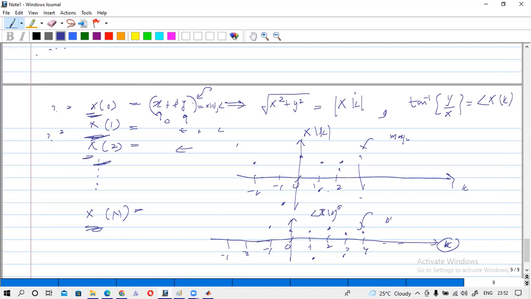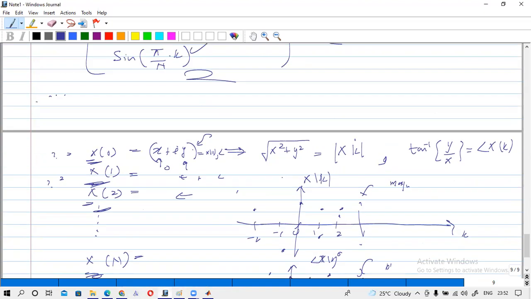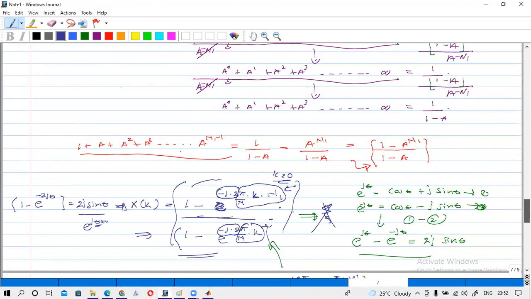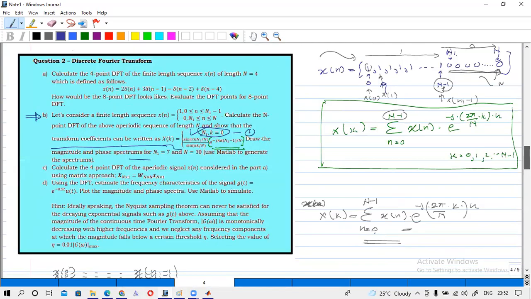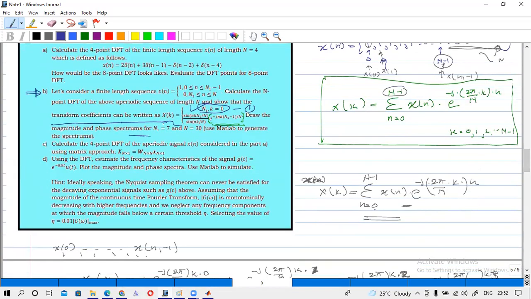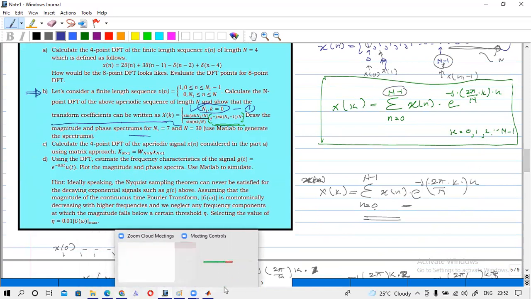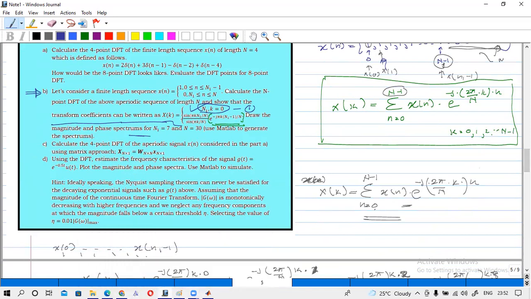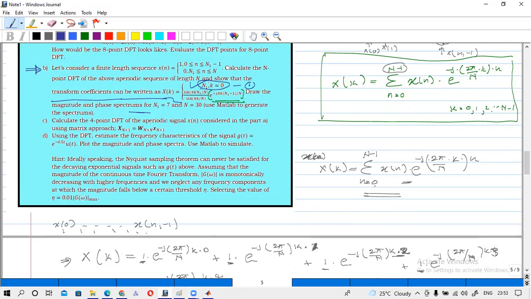Now we are asked to draw the magnitude plot. Using Matlab, you can easily plot the magnitude plot. So how to plot it? You can use this result. Actually, if it is k, you have to put it as n1.